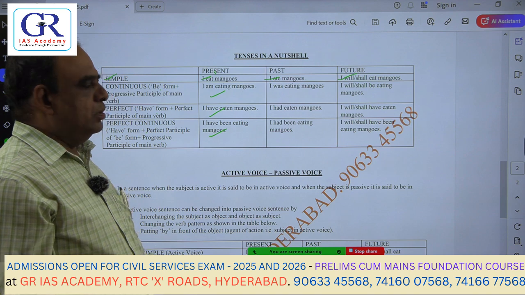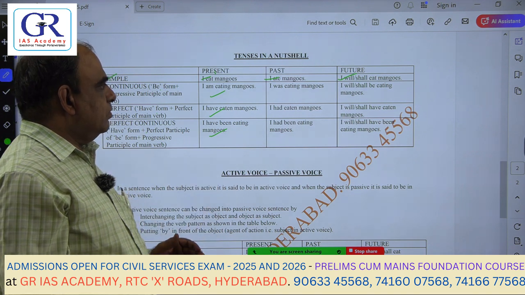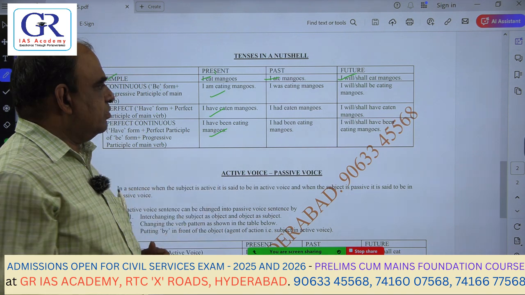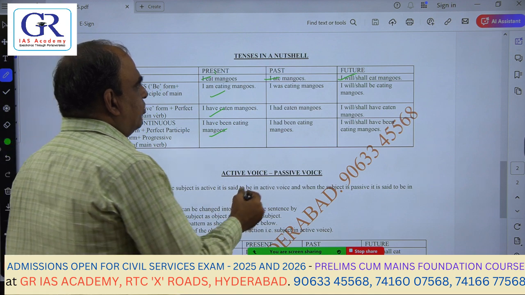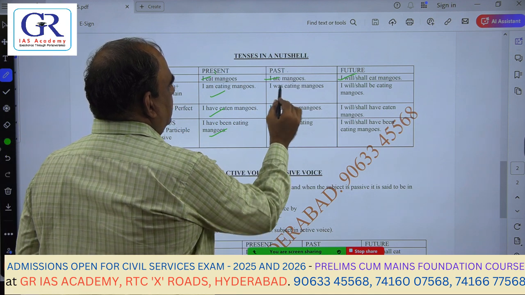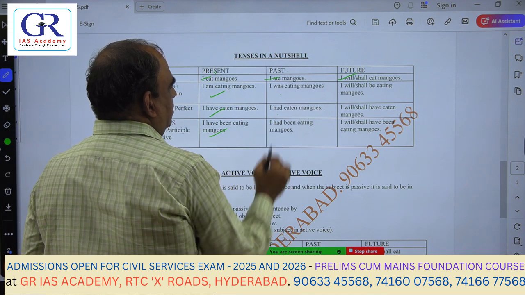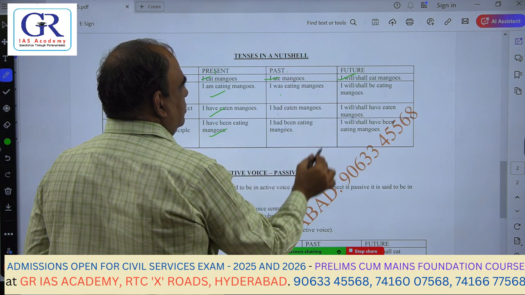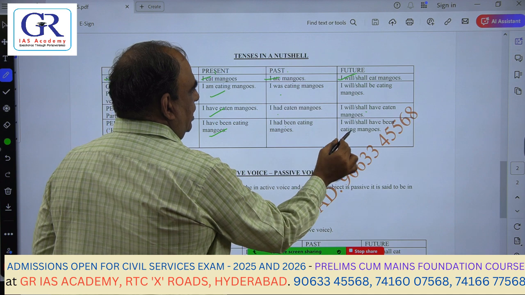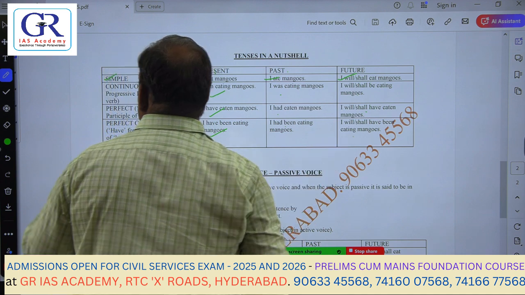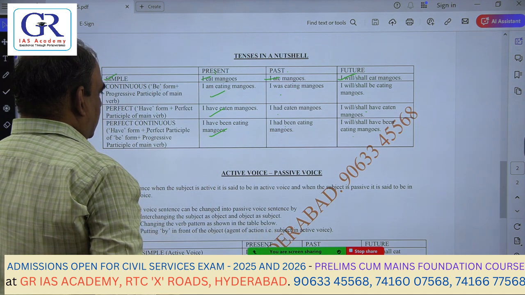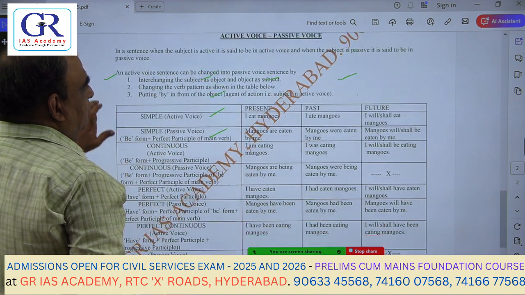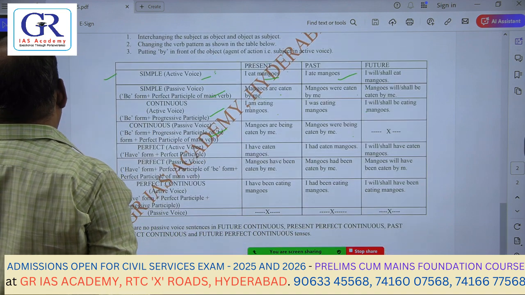So tomorrow make sure that you come, and also make sure that your friends also come so that they get benefited. Tomorrow I will be teaching you the past continuous, past perfect continuous, future continuous, and future perfect continuous. And then apart from that, tomorrow I will be teaching you the active voice and passive voice also.